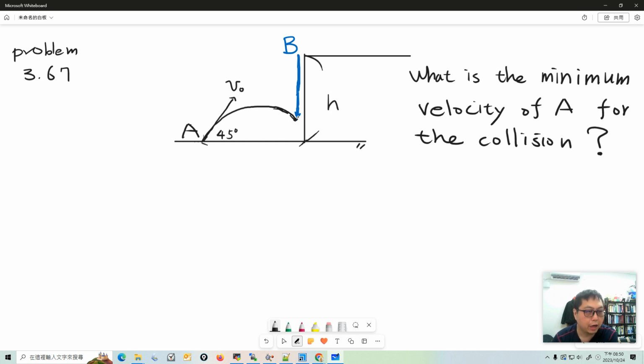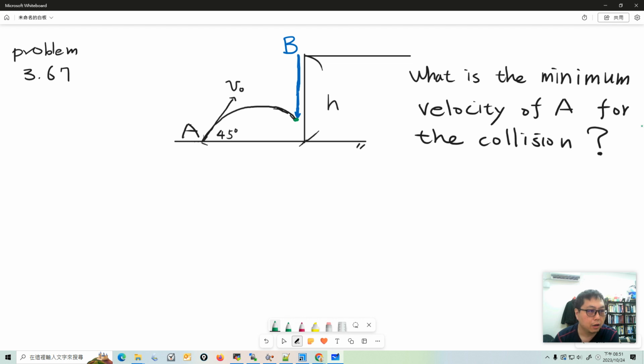Because if your v naught is not high enough, the ball will fall short like this, and you cannot make contact with the object from B. So the problem asks, what's the minimum velocity of A for the collision?